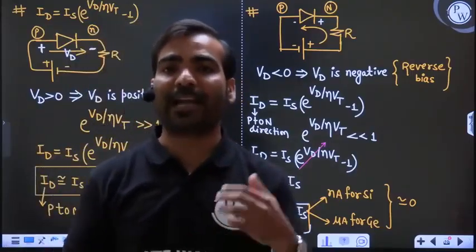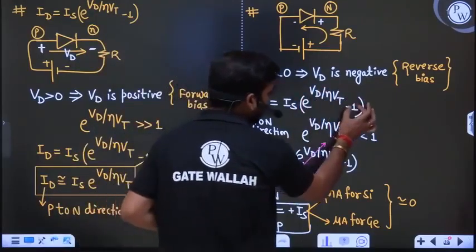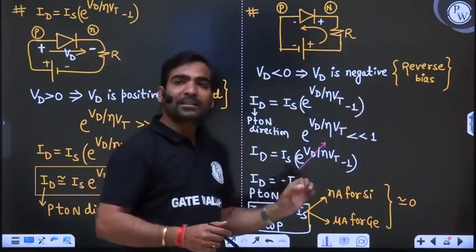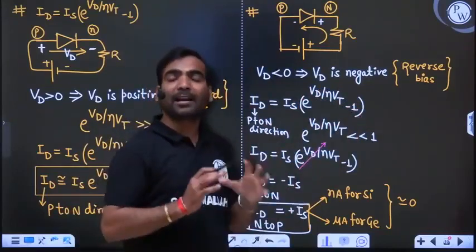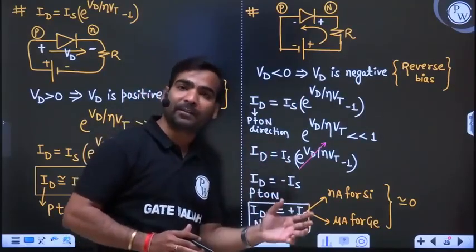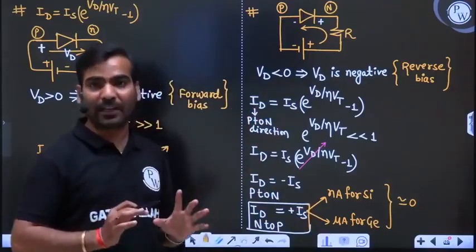Shockley has given the diode equation, which includes the exponential and the -1. When both are included, always think this is the equation of current for both the biases, reverse bias as well as forward bias. And in this case, the direction of current is from P to N only.